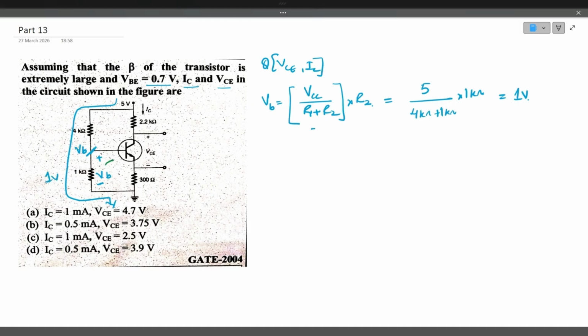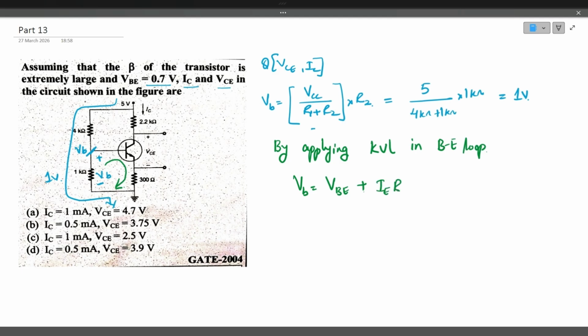Now you apply the Kirchhoff voltage law in the input loop, that is the base emitter loop. This VB is equal to the base emitter voltage VBE plus the voltage across the emitter resistance VE, which can also be written as IE into RE, the emitter current multiplied by the emitter resistor.